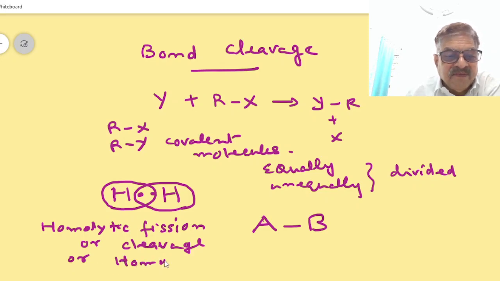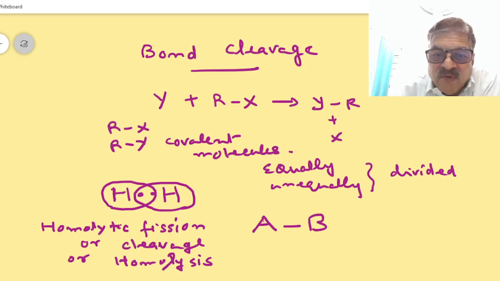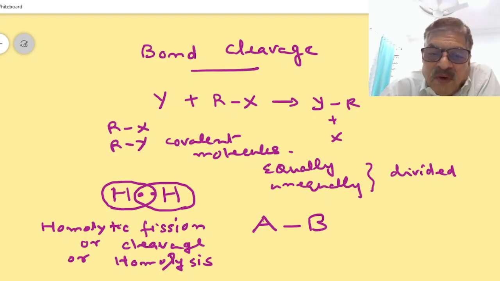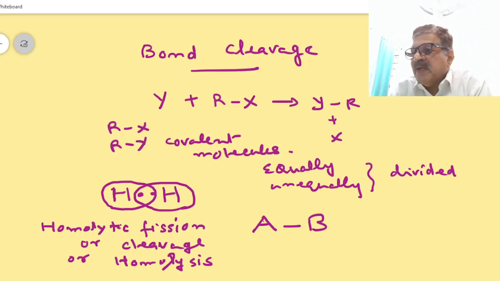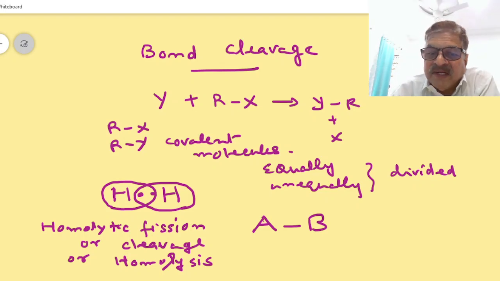These are the words used. Each atom will get one electron. That is the beauty. This gives rise to free radicals.